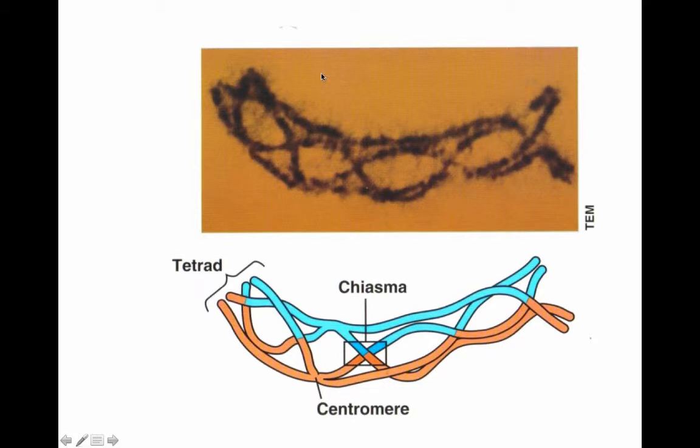And what we see here is a transmission electron micrograph of some chromosomes in meiosis 1, and you can see that the chromosomes are kind of interlaced here. What will happen is pieces of one of the chromosomes will get attached to another chromosome, so you get a chromosome that's a recombination of the two.